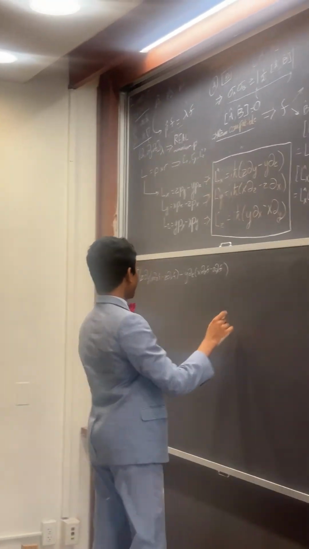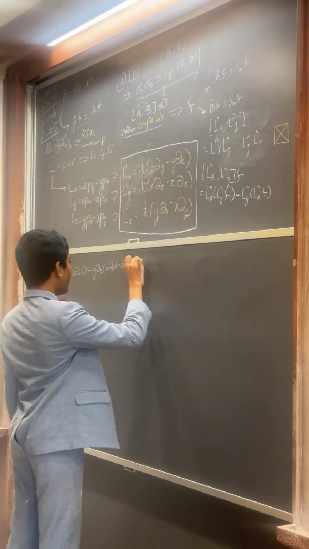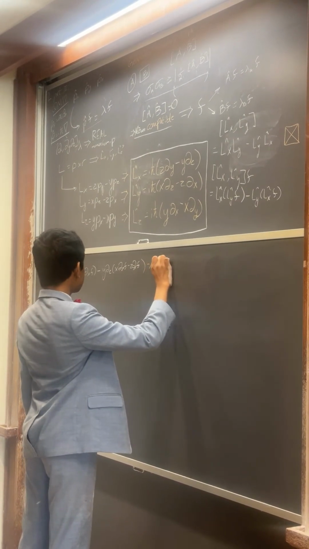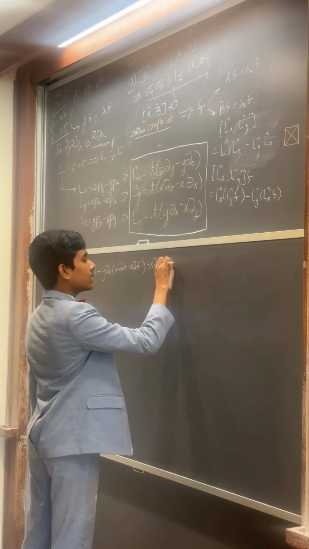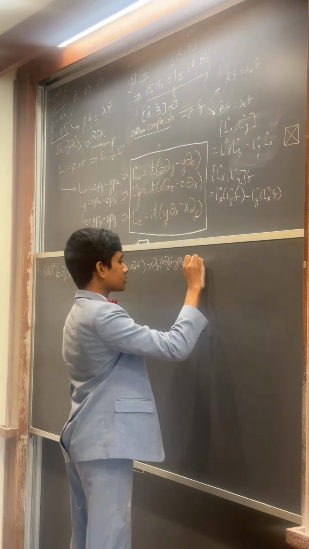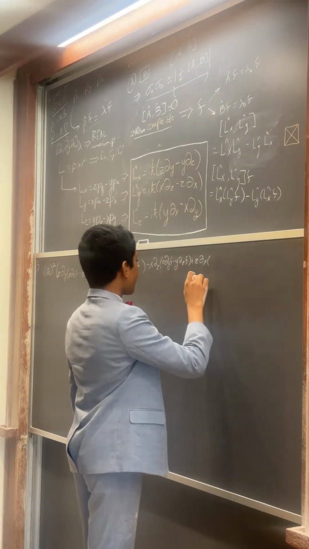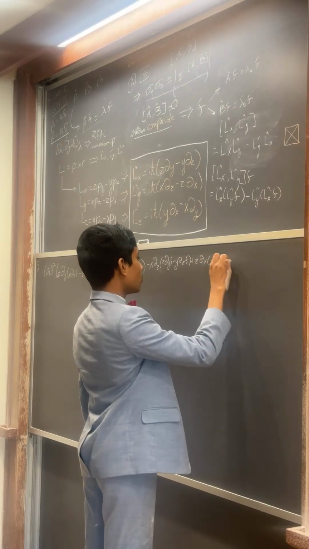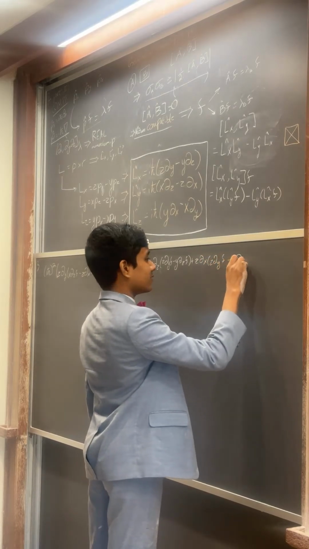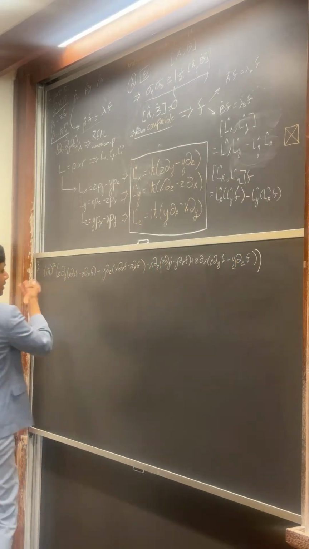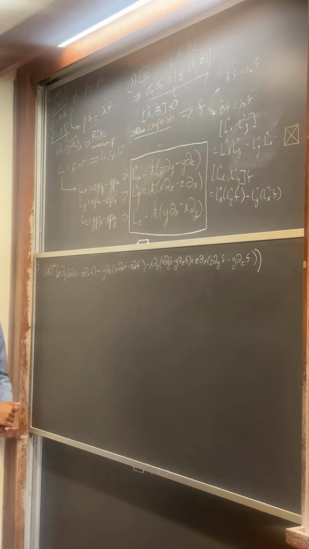Then we have plus x partial z of z partial y f minus y partial z f, plus z partial x of z partial y f minus y partial z f. So here it is, beautiful monstrosity.